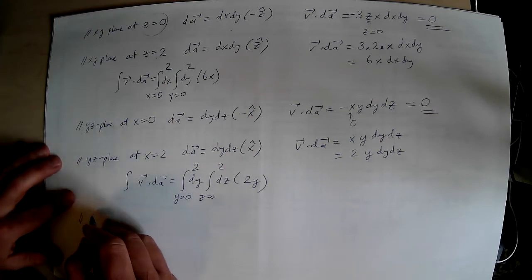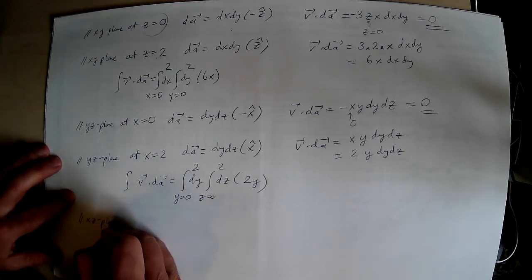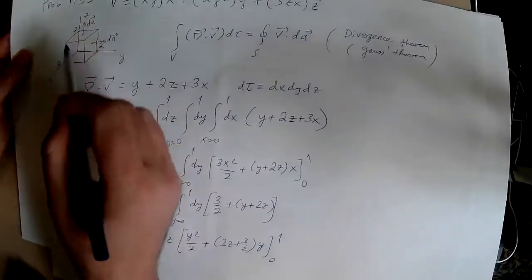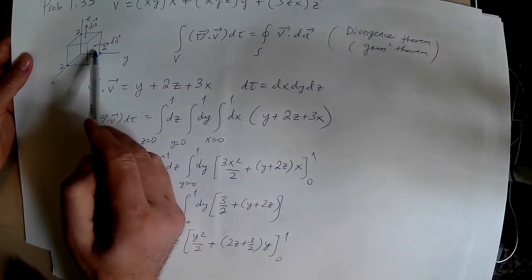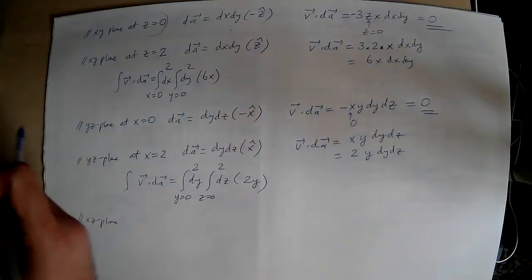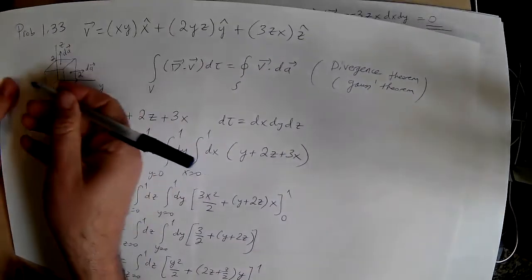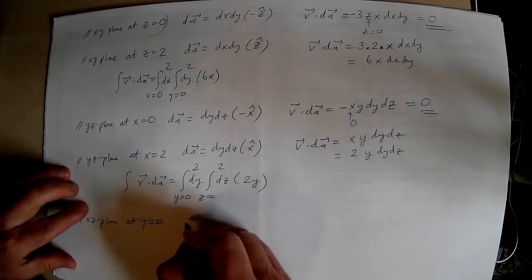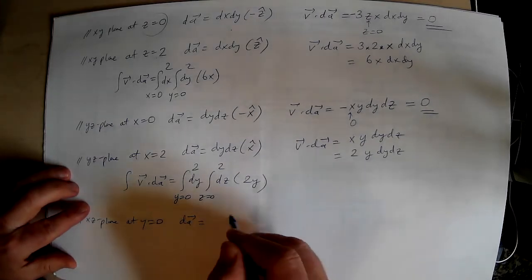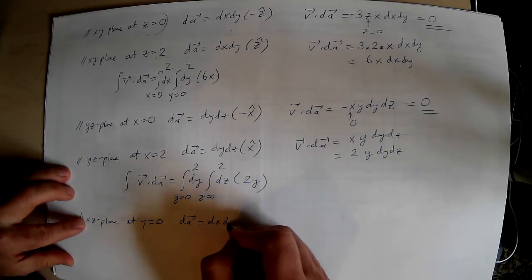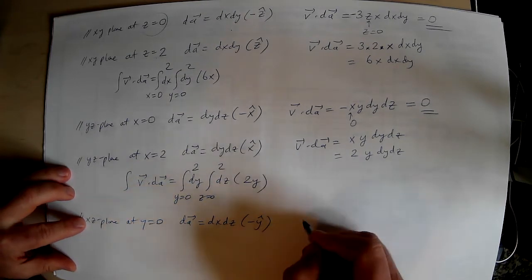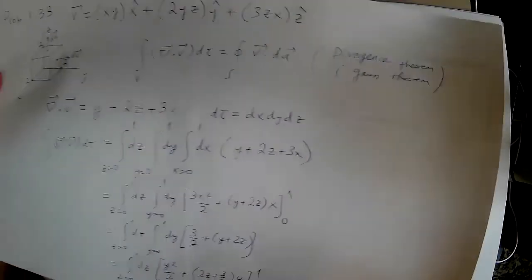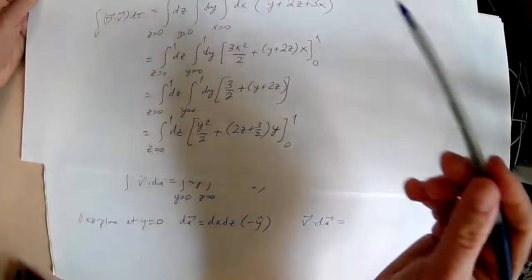The last surface is parallel to xz plane. Okay, parallel to xz plane can happen at y equals 0 and y equals 2. At y equals 0, it's the negative y direction. That's the dA direction. So dA becomes dx dz negative y hat. So v dot dA becomes, now I need to look at the y component.